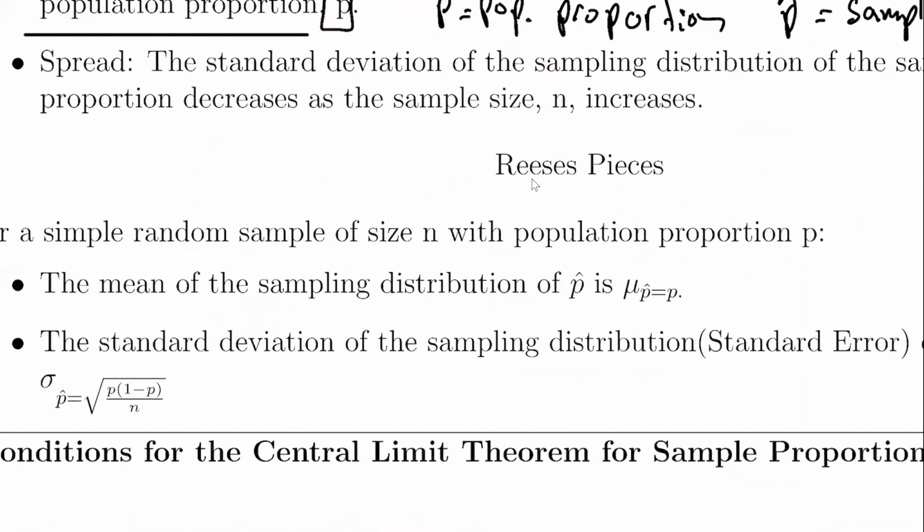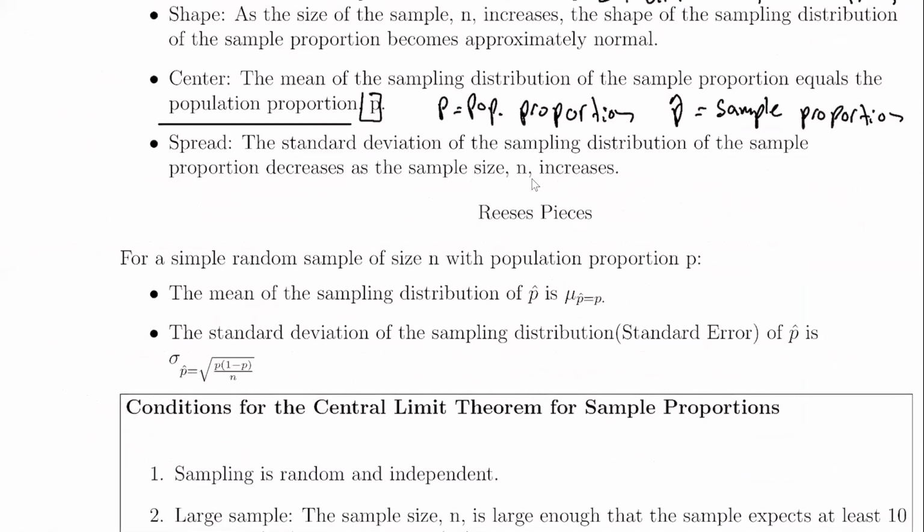All right. So if you remember from chapter 8.1, we had mu of x bar, and we also had sigma of x bar. So mu of x bar was equal to mu, and sigma of x bar was equal to sigma divided by square root of n. For this chapter, we're also going to have that.